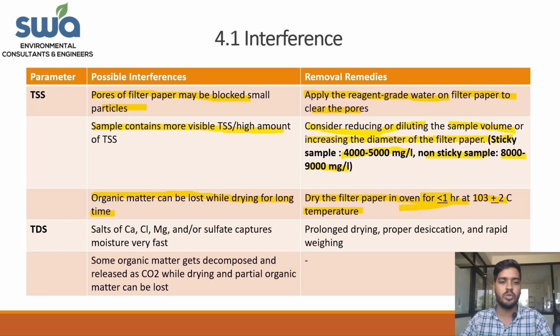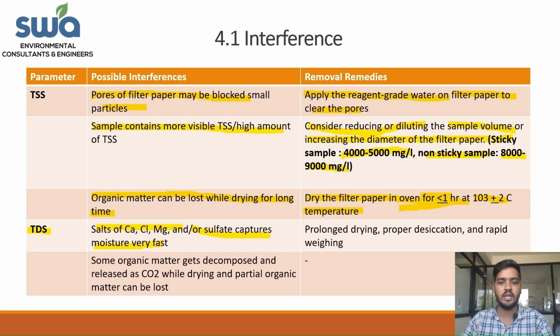Now let's move to the understanding of interference in total dissolved solids. Salts like calcium, magnesium, chloride or sulfate can capture moisture very fast. If your sample has this kind of salts, they are able to capture the moisture very fast.